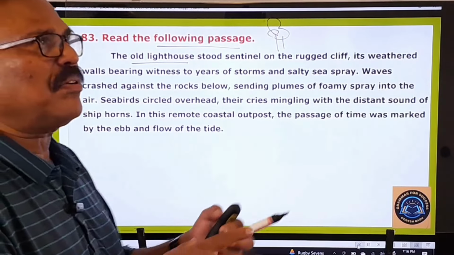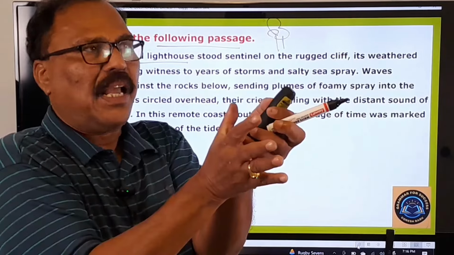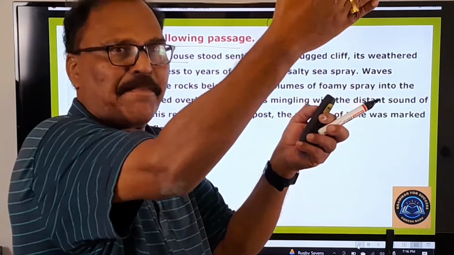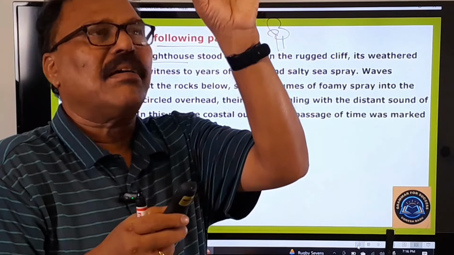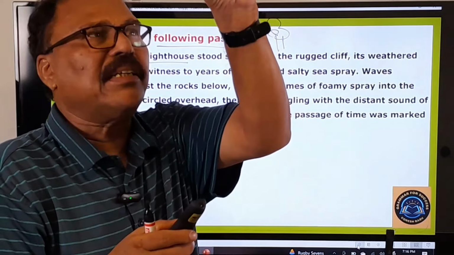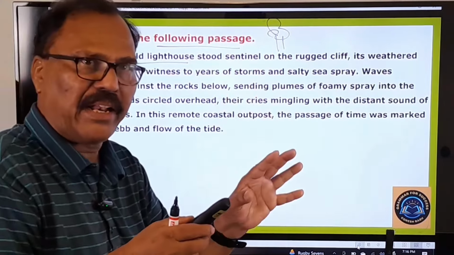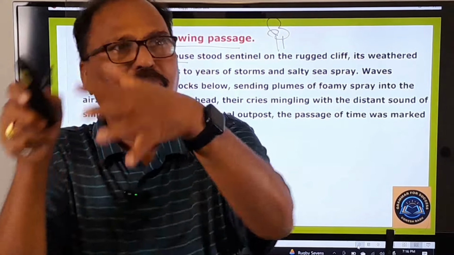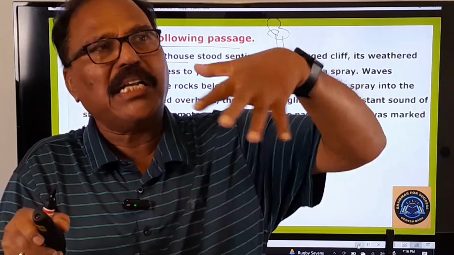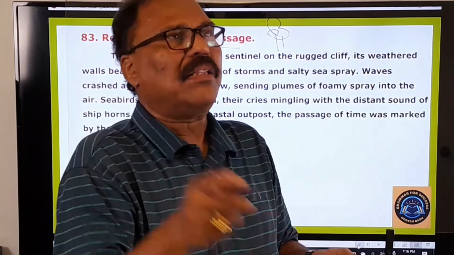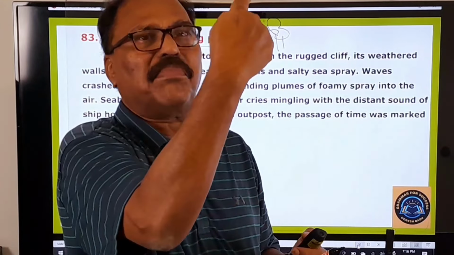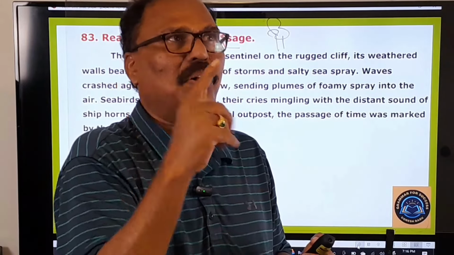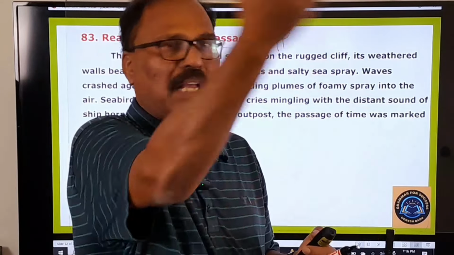This lighthouse will have a big light, showing the way to the ships that are passing by, and it will tell the captains of the ships that the harbor is there. The light will be focused for kilometers, miles together, and the ships passing by will look at this light and immediately think, oh, there is a harbor, let's go there. They come to that harbor.